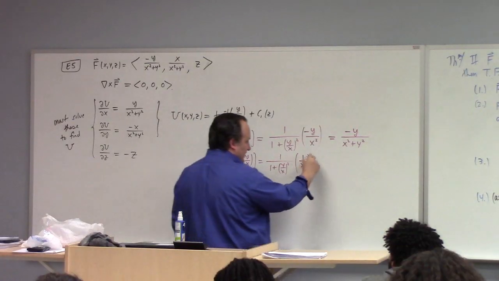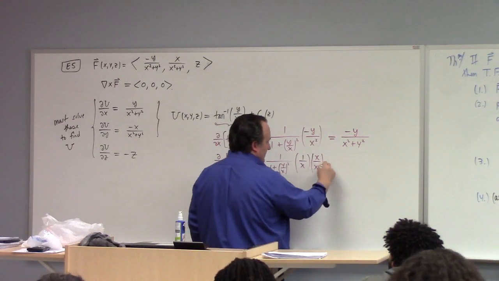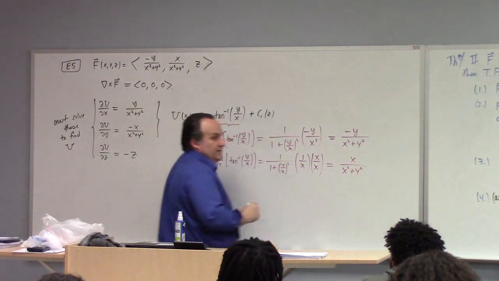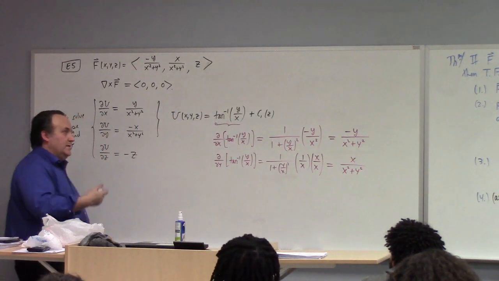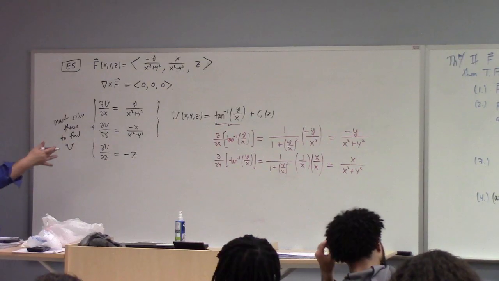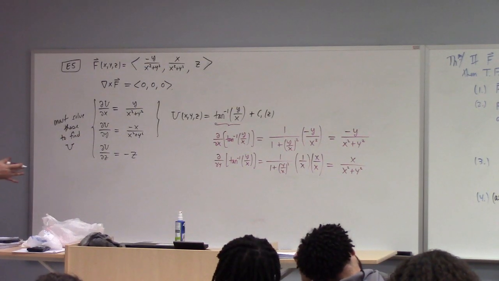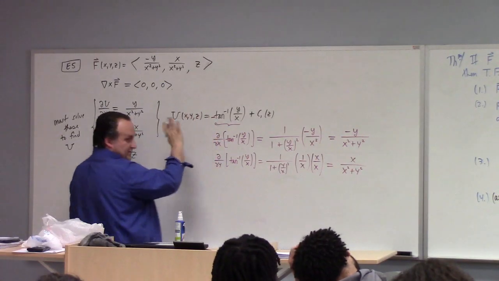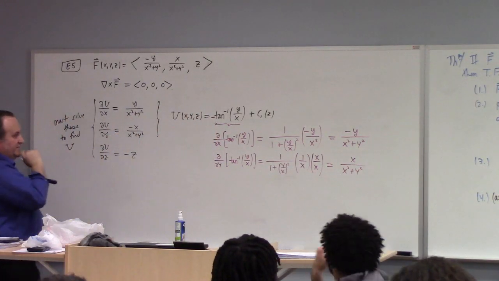Multiply that by x over x. Get x over x squared plus y squared. Now, it's not quite right? What am I missing? I'm missing a minus, right? I need to put a minus up here. All right, there we go. Now we're good. What should C1 of z be, though?